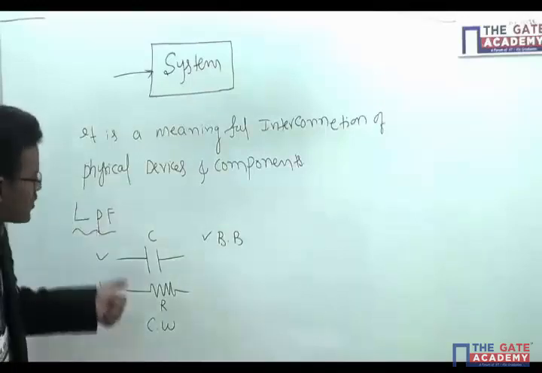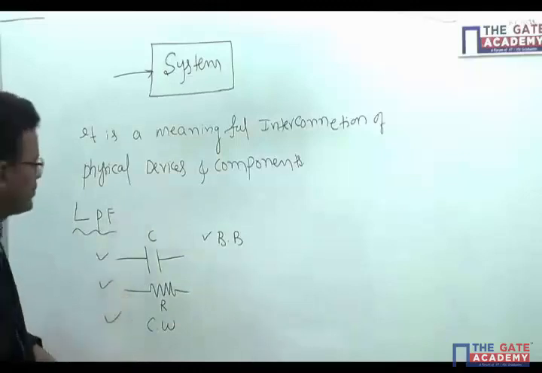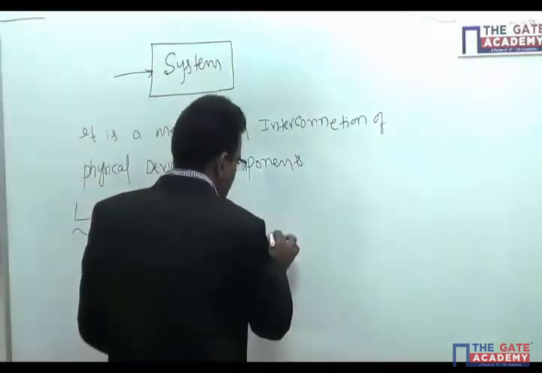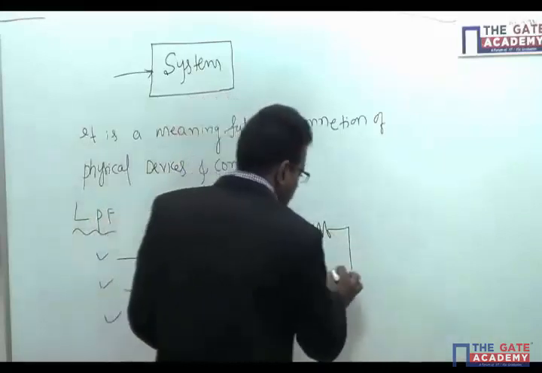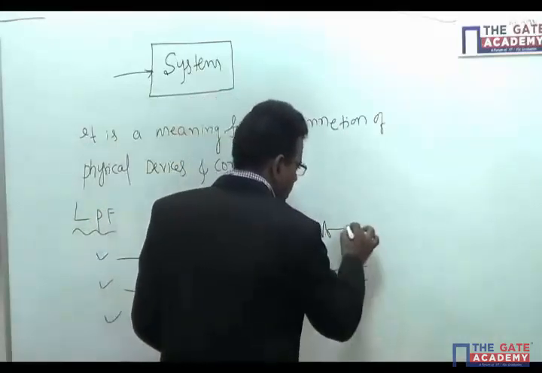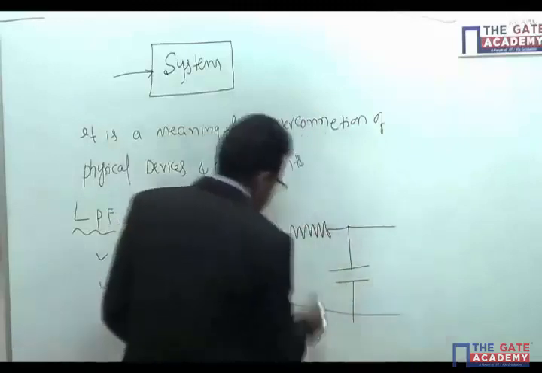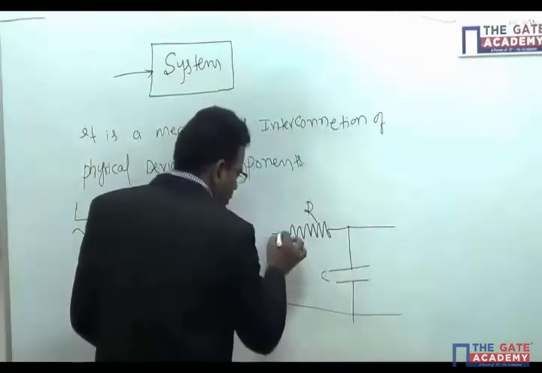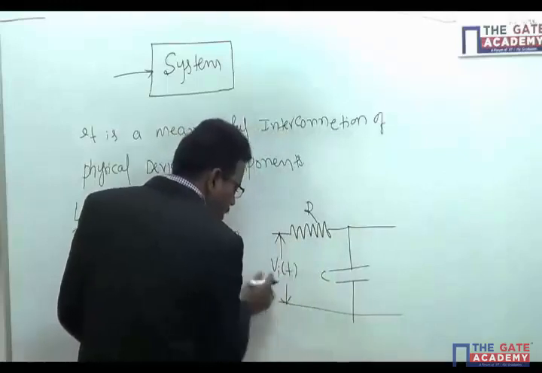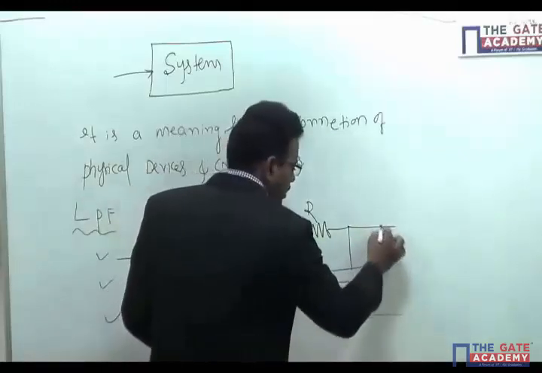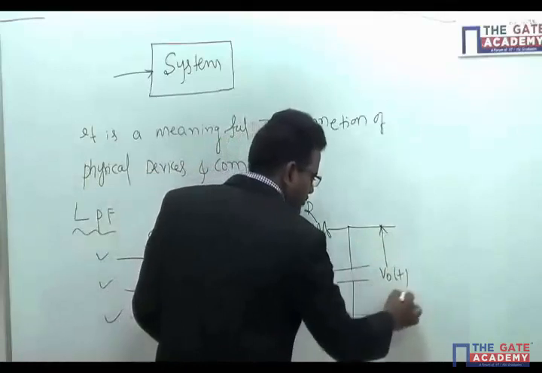When can we call it a low pass filter? Whenever we connect the resistor in series with the capacitor, where we apply the input here and take the output here.